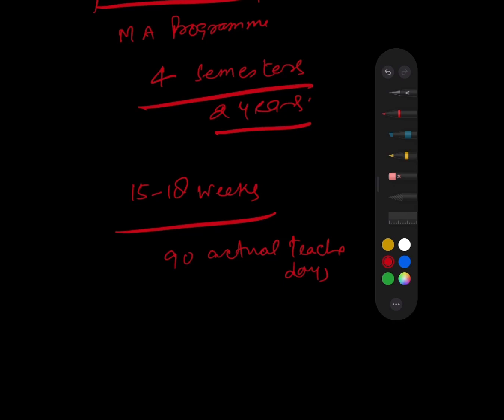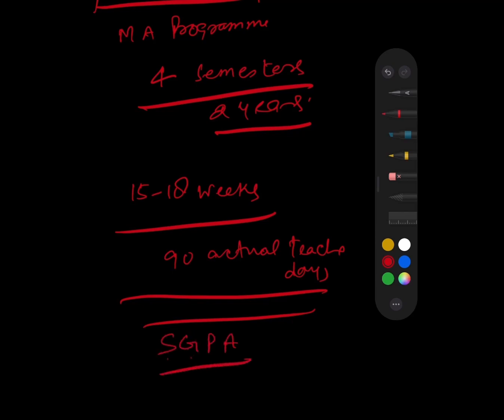So it's 15 to 18 weeks. 1 semester means 15 to 18 weeks or 90 actual teaching days. Now after completing your course, say 1 semester, you are given SGPA, that is semester grade point average.